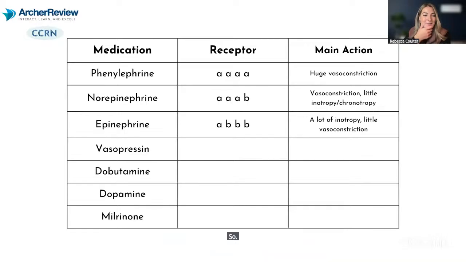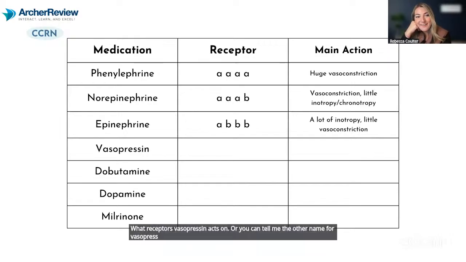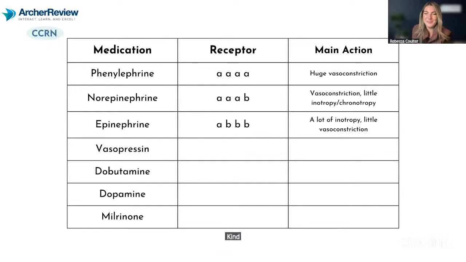Okay, vasopressin. Full disclosure, we did not talk about the receptors for vasopressin, so this one's kind of a for fun one. Can anyone tell me what receptors vasopressin acts on? Or you can tell me the other name for vasopressin. Good job.